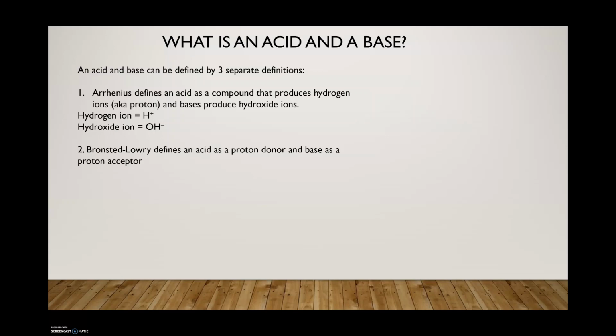One of the things we look at with Bronsted-Lowry is the fact that it can accept a proton, in this case a hydrogen, or it can donate. So if we talk about HCl, for example, HCl has a hydrogen ion, and what will happen is it will donate this hydrogen ion to a base. And you say, well, what's an example of a base? Well, a good example of a base would be NH3.